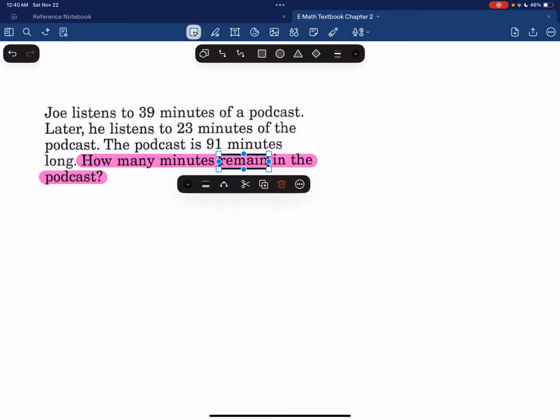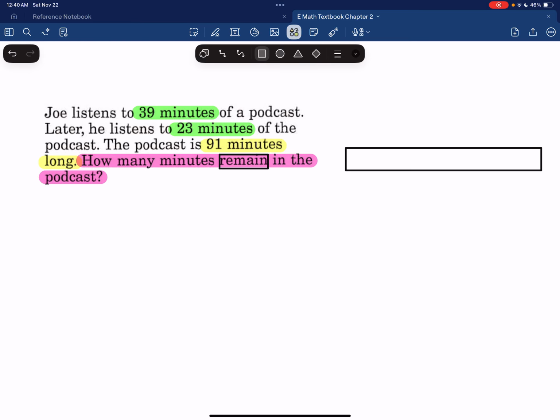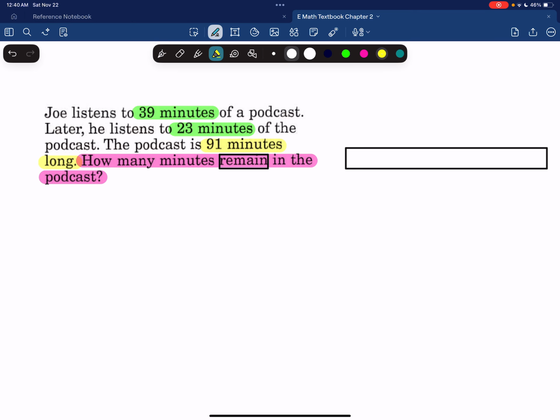And I am going to use a model on this one, but first let's do some highlighting. He listened to 39 minutes. He listened to 23 minutes. The total of the podcast is 91 minutes. So the model would look like this, where we do know the total is 91 minutes.